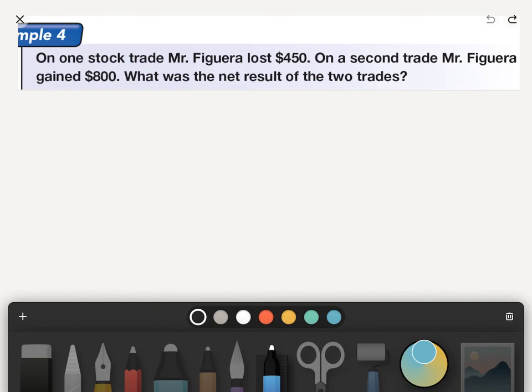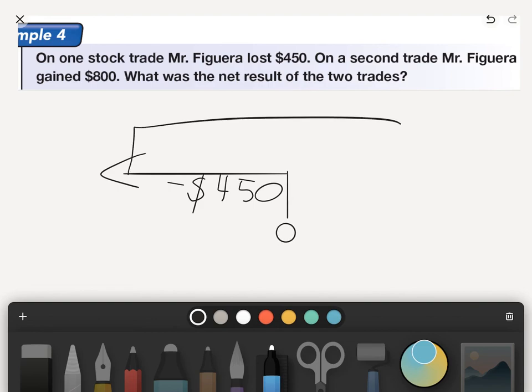We are going to end up going negative 450 from our 0 on our number line, but then we're going to end up going back. No, you do not need to do a number line.